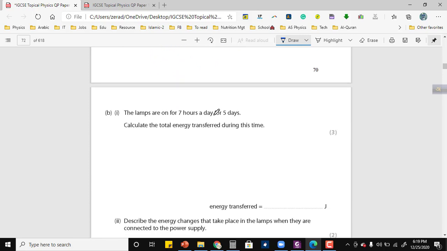The next question says the lamps are on for 7 hours a day for 5 days. Calculate the total energy transfer during this time. We have the voltage and we have the current. For total energy transfer, if you recall the equation, E is equal to VIT.